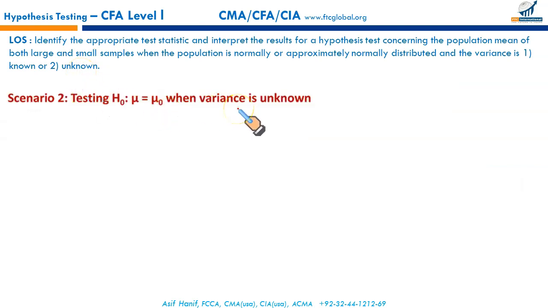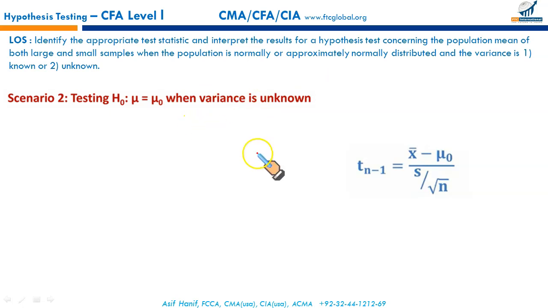When the variance is unknown and the distribution is normal or approximately normal and the sample size is less than 30, we use the t-test or t-distribution.